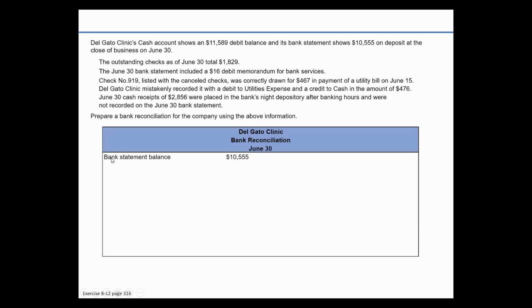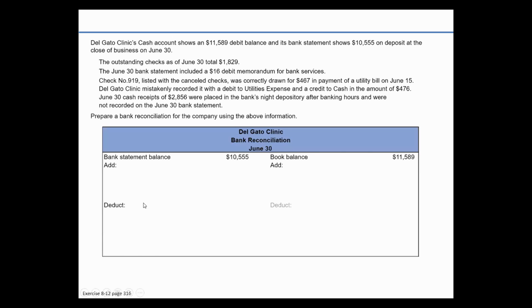So we have the bank balance that's showing on the statement of $10,555. Our book balance is $11,589. That's how much, according to our accounting records, that we should have in there. So we have to make both of these agree.